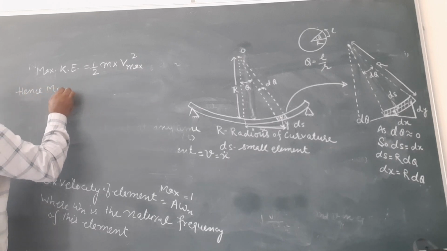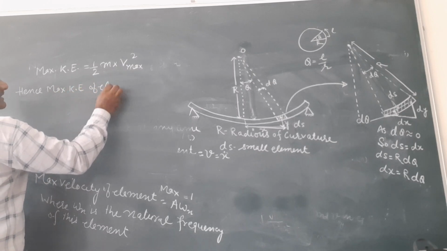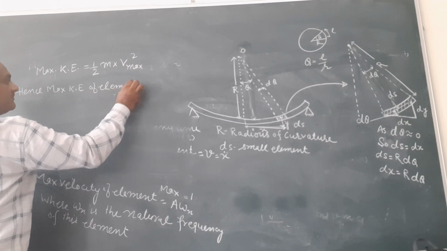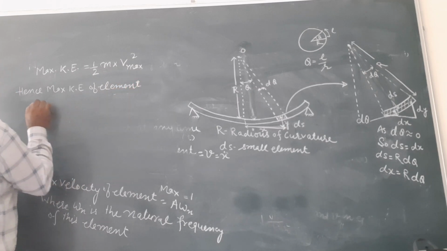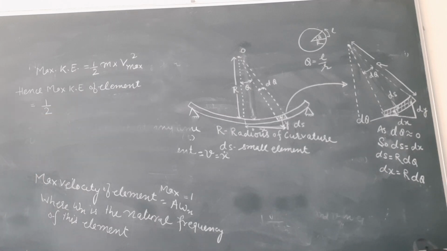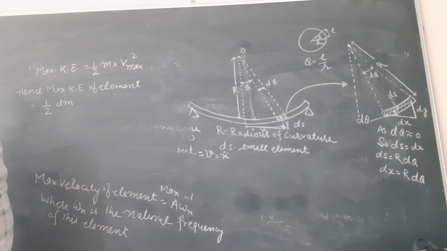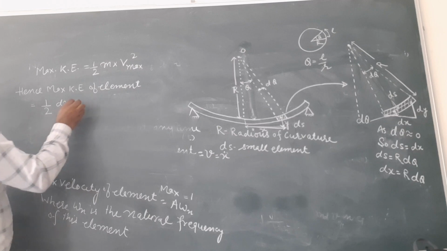Hence the maximum kinetic energy of the element will become half dm into V max square, where dm is the mass of the small element.